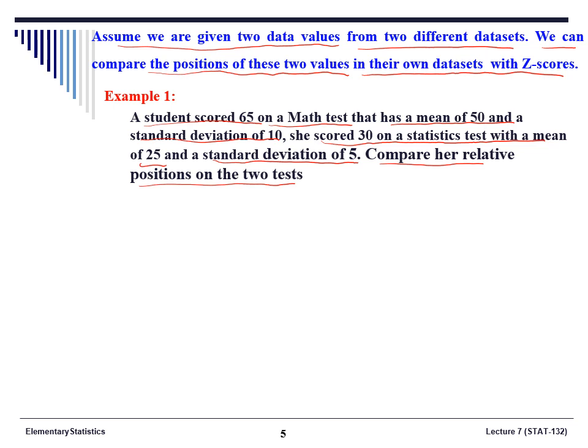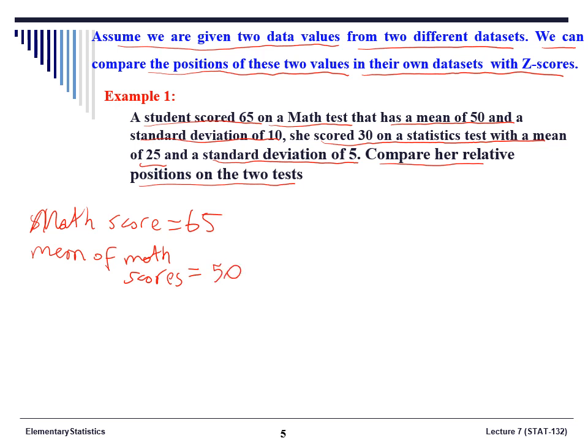So the math score of the student is 65, and the mean of the math scores is 50, and the standard deviation of the math scores is 10.